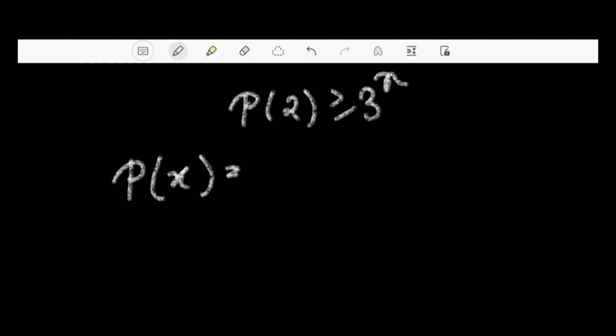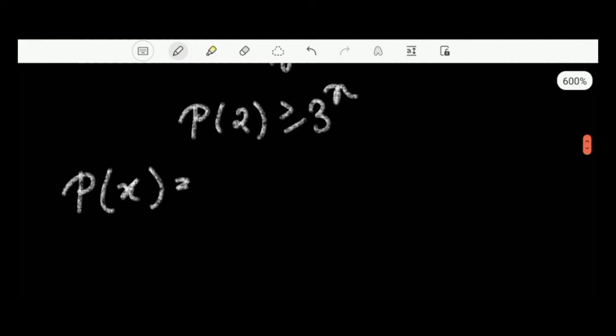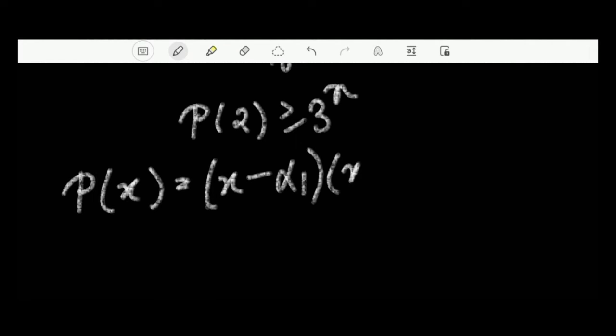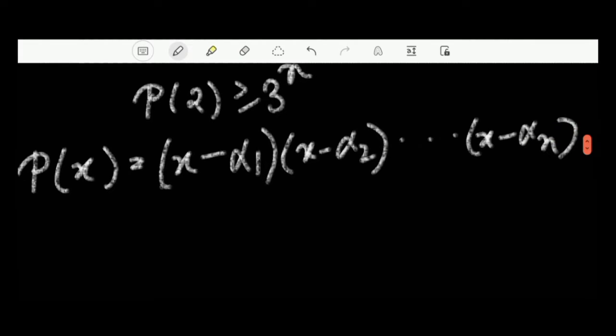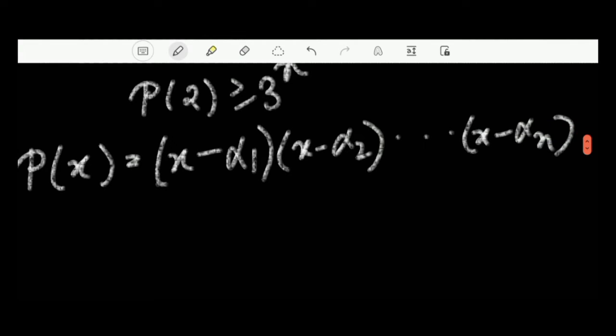rewrite our polynomial in the form of its factors. So we can simply say that x minus alpha 1, x minus alpha 2 up to x minus alpha n. So this is our general form of an nth degree polynomial.